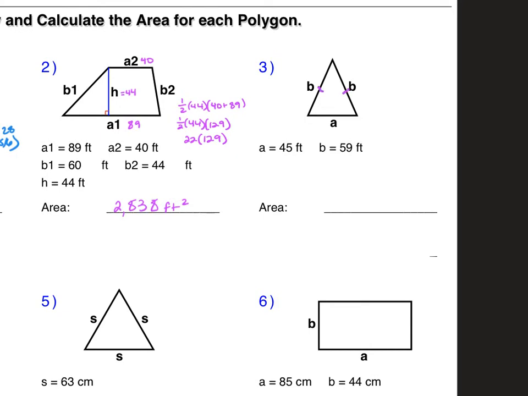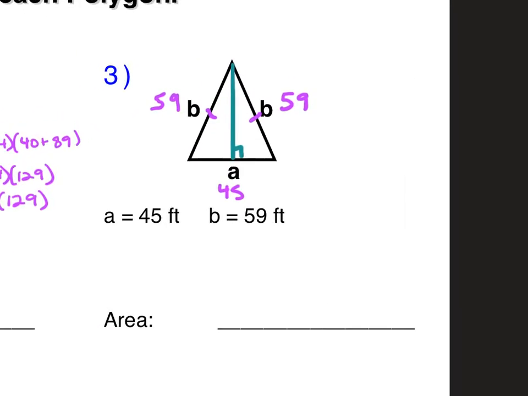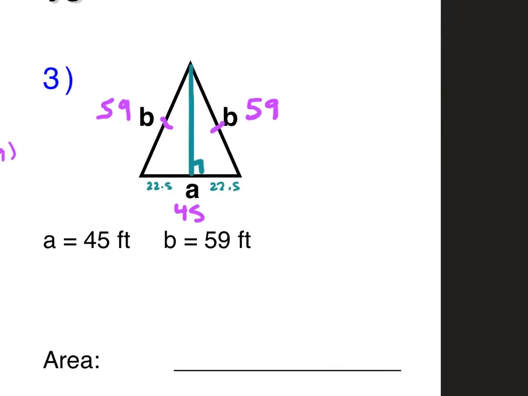All right, number 3 is now an isosceles triangle. I know that because these are the same. This is 59, this is 59, and this is 45. So we've got to drop down our altitude, which cuts that 45 into 22.5 and 22.5. And then I don't know the angle, so I'd have to use the Pythagorean theorem. 22.5 squared plus height squared equals 59 squared.